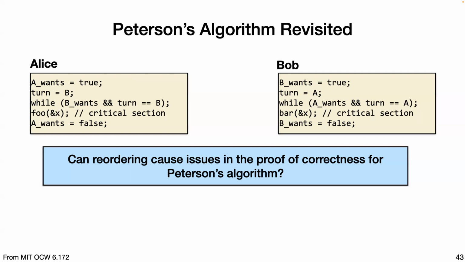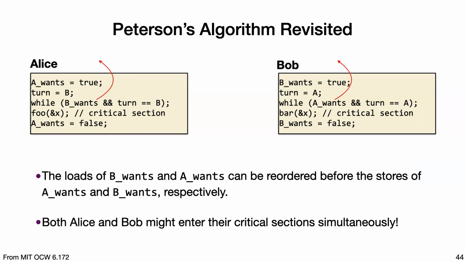Similar goes for the other side, and we can load B1s without doing any of those stores. So in both cases, both while loops are skipped, and then we both enter the critical section. Yes, exactly. If B wants and on the other side A wants gets reordered before the stores, then both of them would enter the critical section.